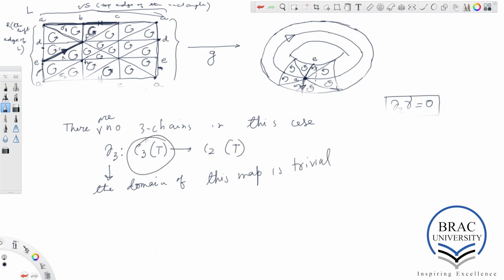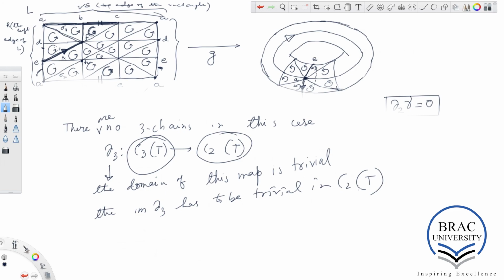What does that mean? Since it's a homomorphism, del 3 is a group homomorphism. So the image of this guy here has to be trivial as well. The image of del 3 has to be trivial in C2 of T, right? What does that mean?